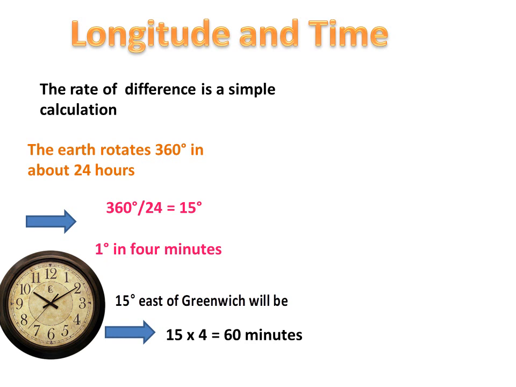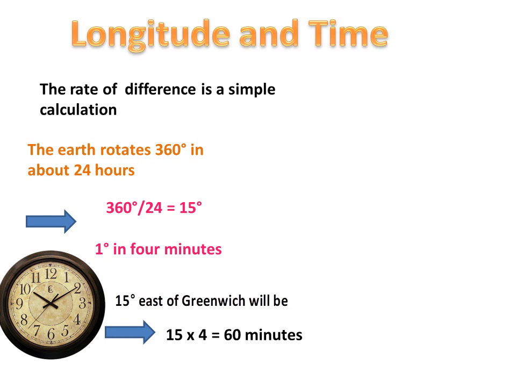Students, let us see how we can do the calculation in longitude and time. The rate of the difference is a simple calculation. The earth rotates 360° in about 24 hours, as we all know, which means when 360 is divided by 24 it is equal to 15° an hour or 1° in 4 minutes.